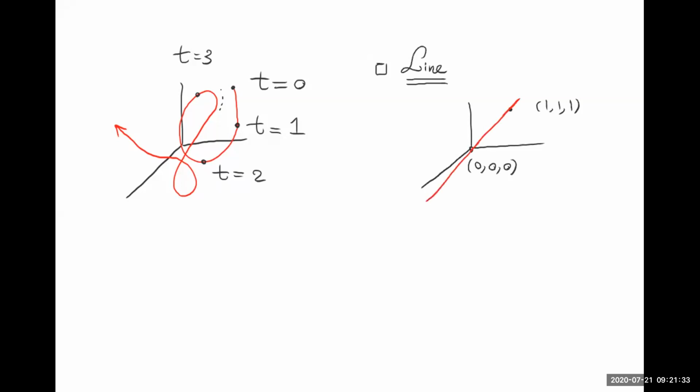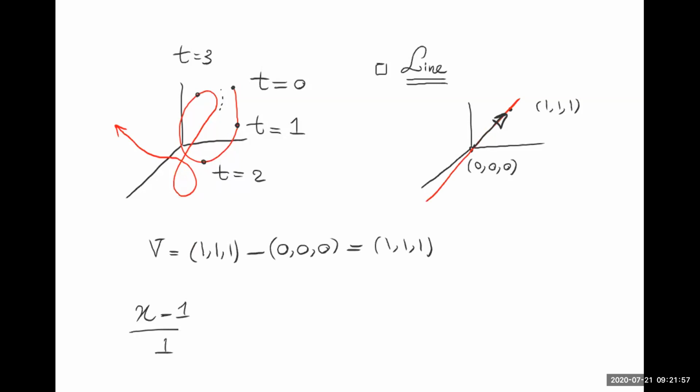One way was to find this vector v, which in this case would be (1, 1, 1) minus (0, 0, 0), which is just (1, 1, 1). And the equation would have been (x minus 1) over 1 equals (y minus 1) over 1 equals (z minus 1) over 1. That would have been the equation of the curve. This curve here is a line. This is an example of an equation.